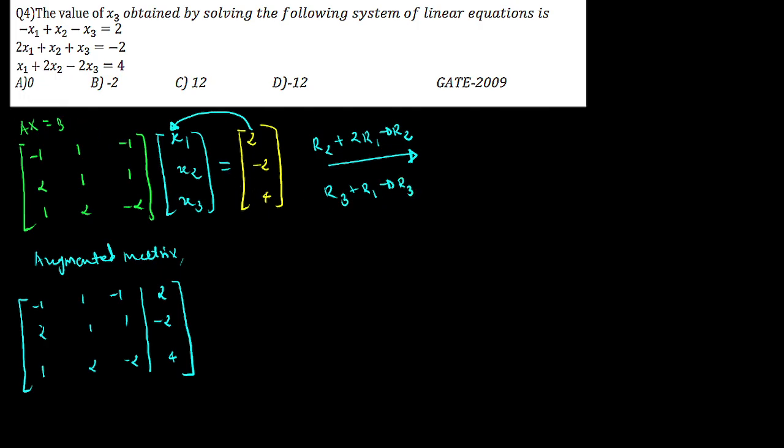After these two row operations, let's write quickly what we are getting. The first row will remain as it is. Now let's multiply this row by 2, so minus 2 here, we get 0. Here we get plus 2 because we are multiplying the first row by 2 and here we already have 1, so after addition we get 3.